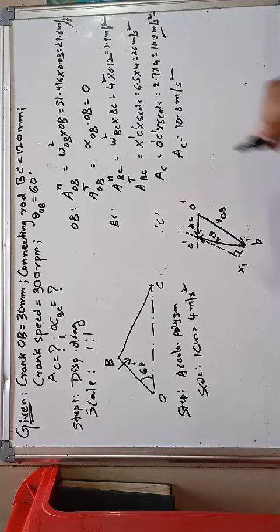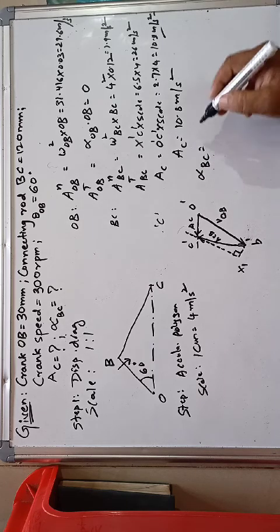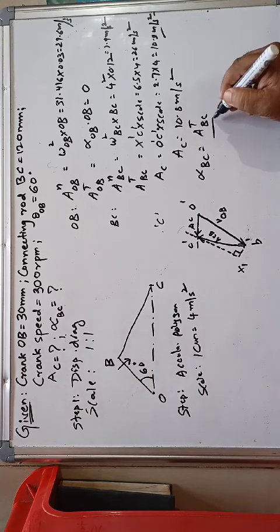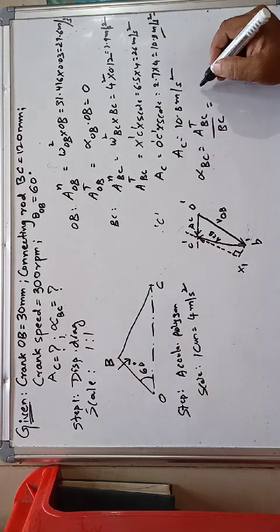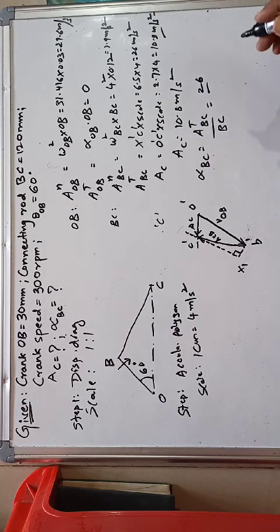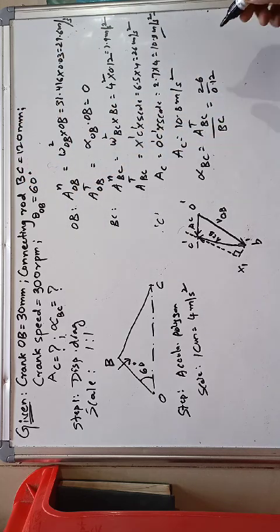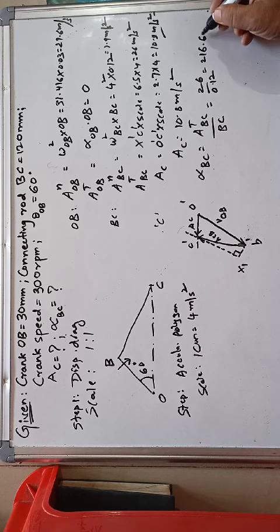Alpha BC is equal to the tangential acceleration of BC divided by the length of the link BC. So that is 26 divided by the BC length of 120 millimeters, converted into meters it is 0.12. So this value is 216.67 radians per second square, because it is the alpha value.